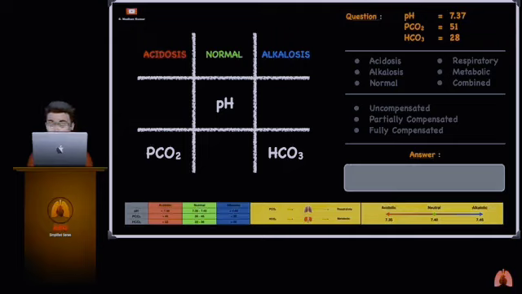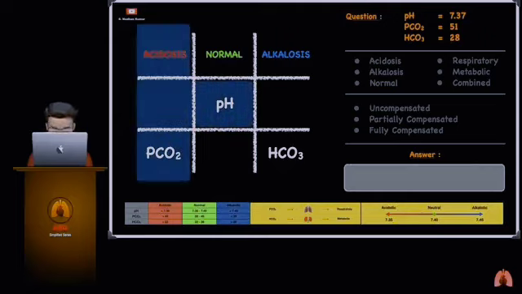Since the pH value is 7.37, which is sliding towards acidosis, we can interpret this as fully compensated respiratory acidosis, because it is fully compensated.